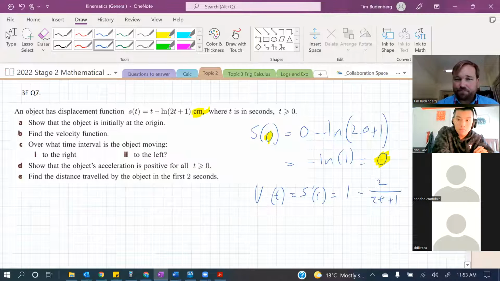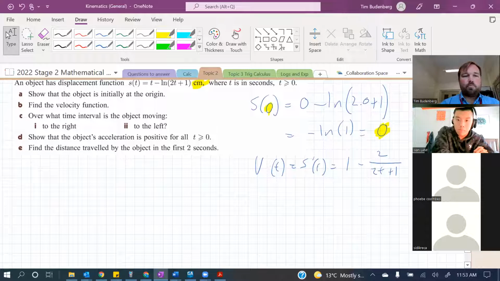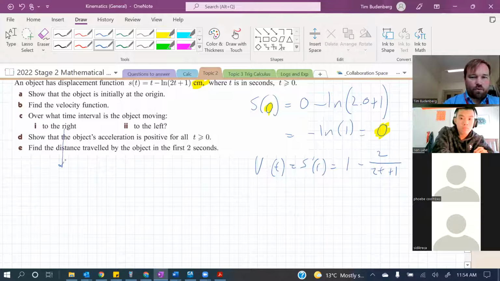Over what interval of time is the object moving to the right or moving to the left? When it's moving to the right, v of t is positive. When it's moving to the left, v of t is negative.